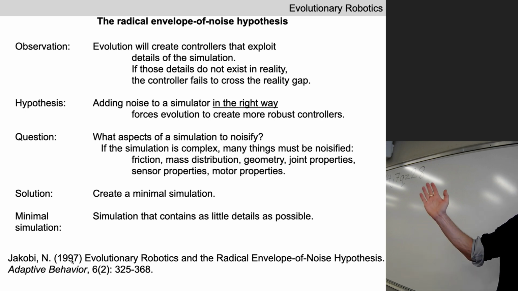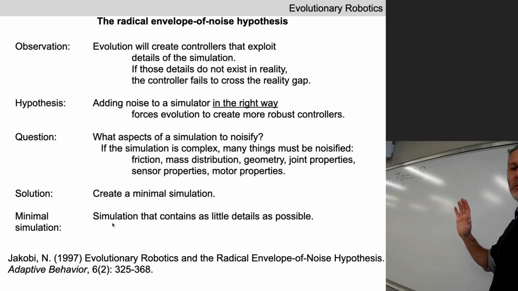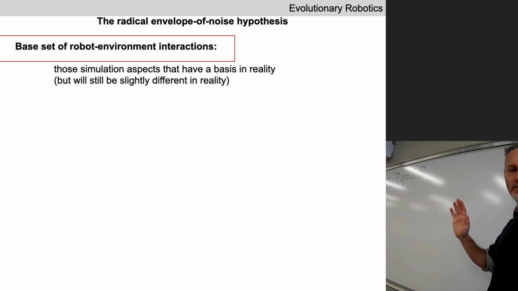So we're going all the way back to the beginning of the field of evolutionary robotics. At that time, some roboticists like Jakobi and his team were making their own things that were still not quite physics engines, but they're on their way. And in this particular case, they tried to make a simulator that was as simple as possible.